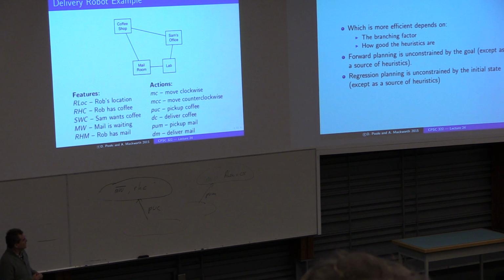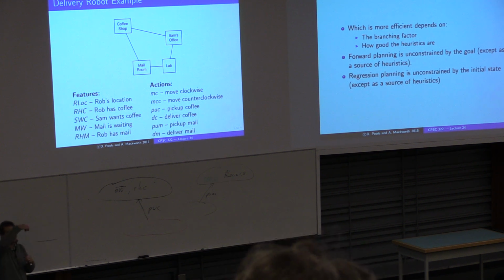Which is more efficient depends on the branching factor and how good our heuristics are. That's effectively how we're going to compare different algorithms: what your branching factor is and whether we have good heuristics or not. And you notice that when we go forwards, we're unconstrained by the goal.